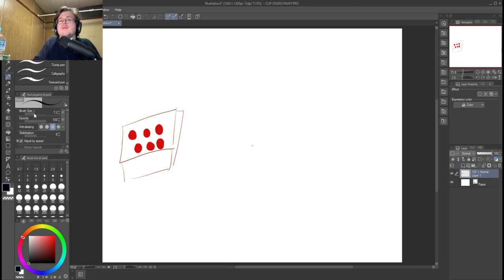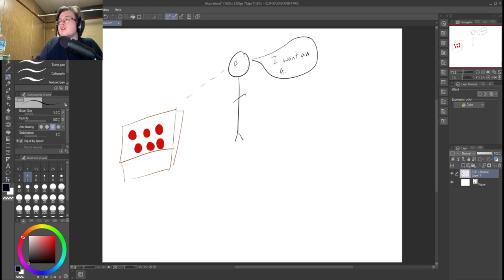Now, if someone's looking at this bin of apples and they say, for example, I want an apple, that could mean he wants any of these apples in here. So each apple inside of this bin is an okay choice.